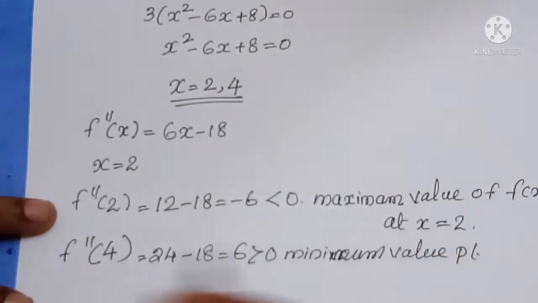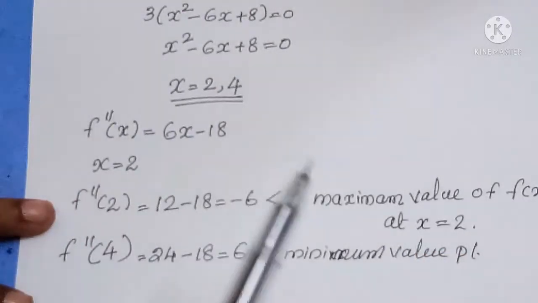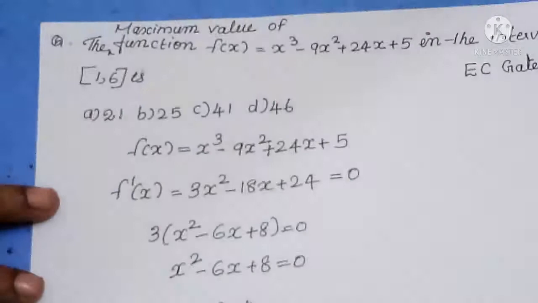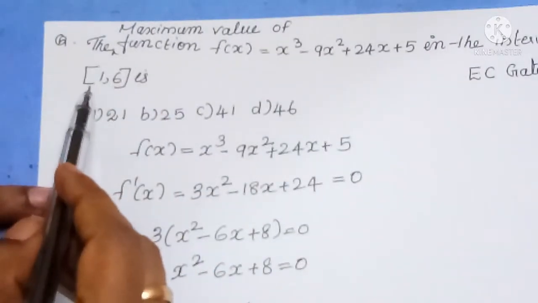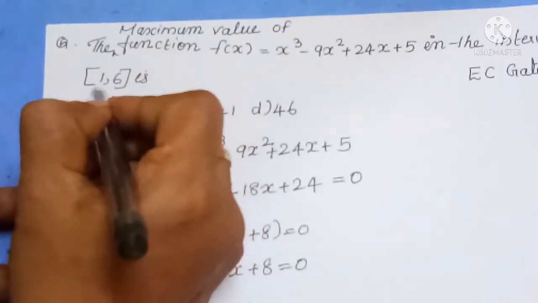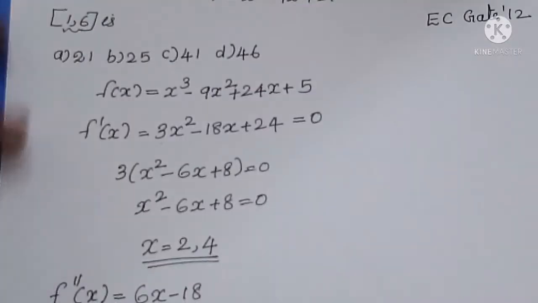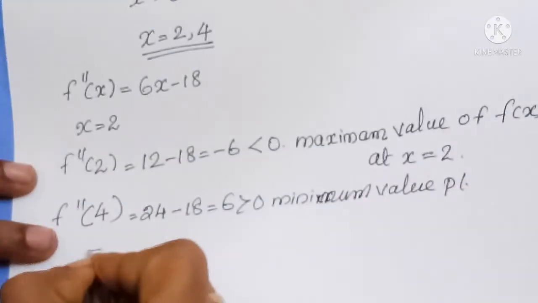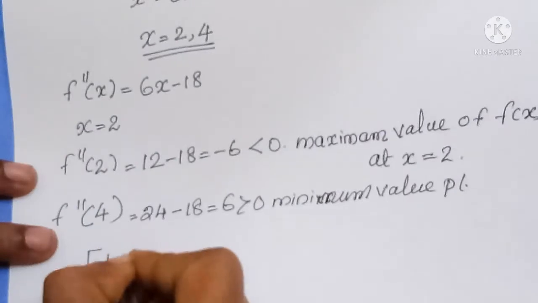Okay. Here we need to find out the maximum of a function. But in the question here we have an interval. If any question has an interval, we should consider the end values also to find out the maximum value of the function. Here our interval become closed bracket 1 comma 6.